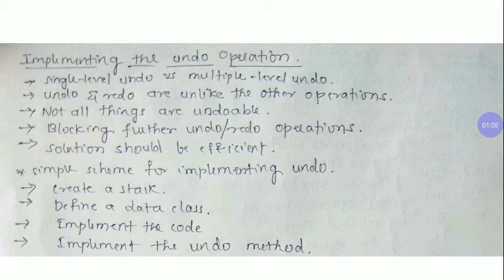The second thing is that undo and redo are unlike the other operations. If an undo operation is treated the same as other operations, then two successive undo operations cancel each other, and the second undo reverses the effect of the first undo.